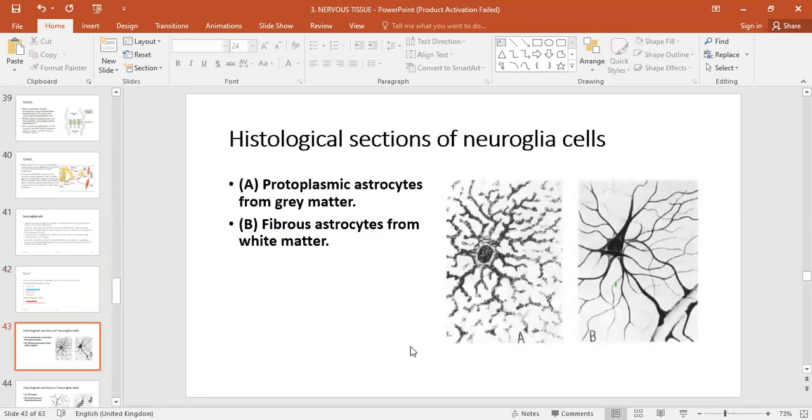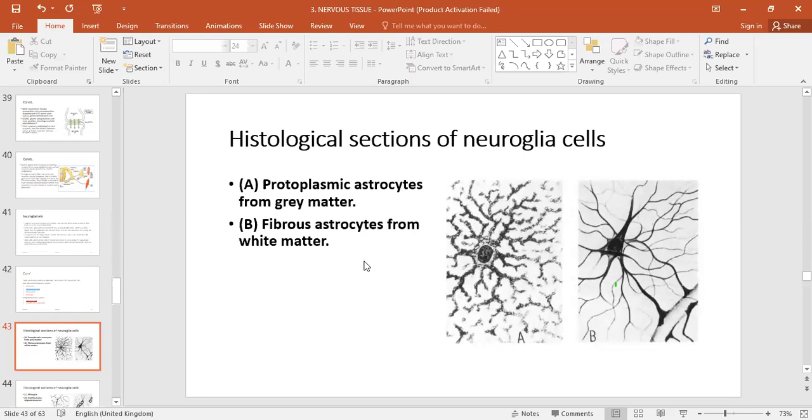Astrocyte is known as a star-shaped cell. The study of stars, we call it astrology. So that's where it should be Latin or Greek. Greek, astro means star. So if you look at this cell, it appears like a star. Central part with a nucleus and these sharp processes.